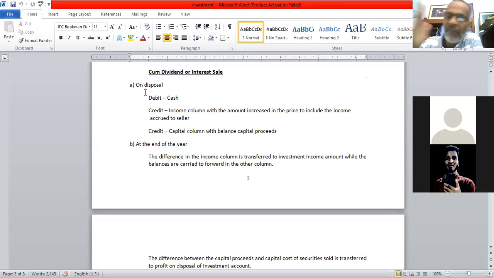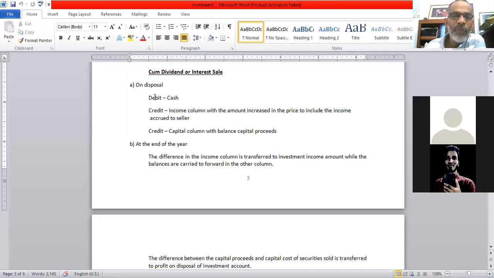We have discussed separately for cum or ex what records are to be carried out. But in this case, the example we will look at later, the normal records are carried out for the double entry system. Investment account is credit, cash account is debit. That is common.